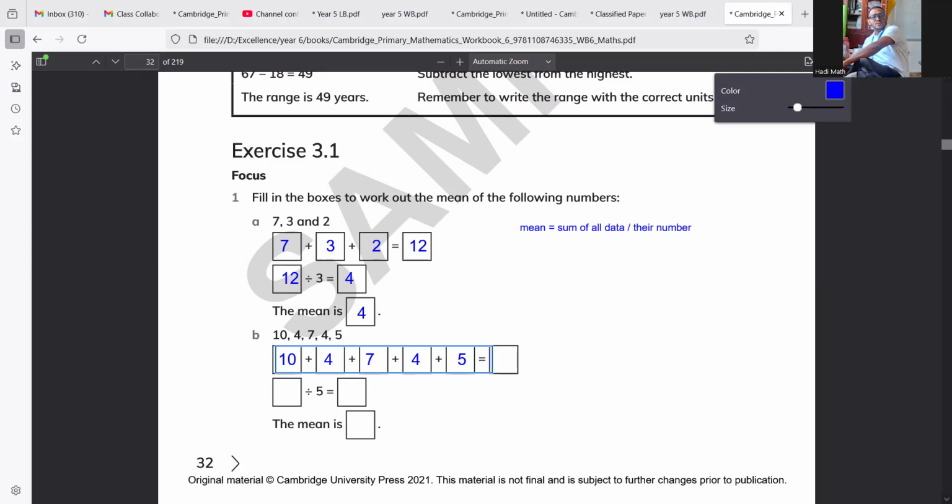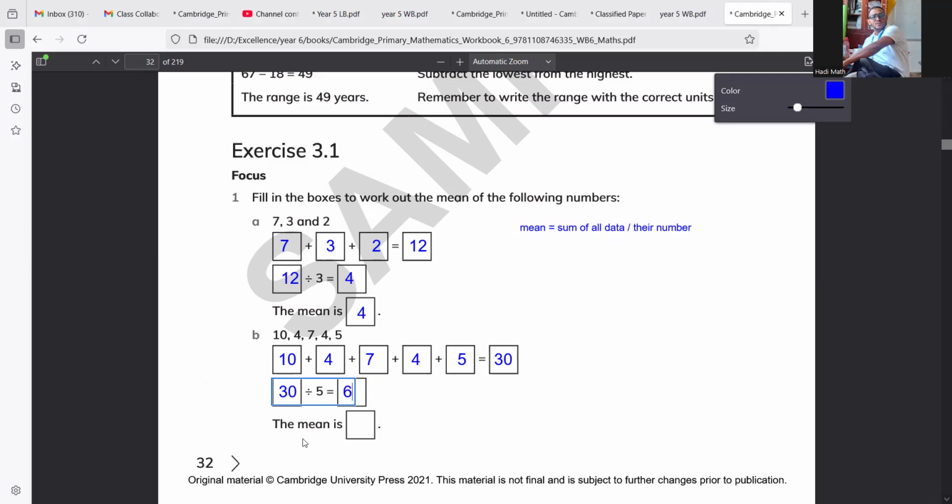And 25 plus 5 is 30. Then you divide by 5, because there are 5 numbers. The answer is equal to 6.